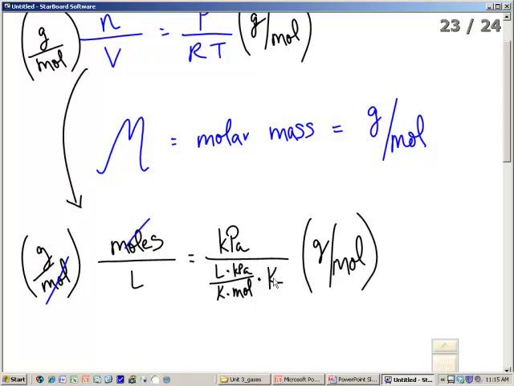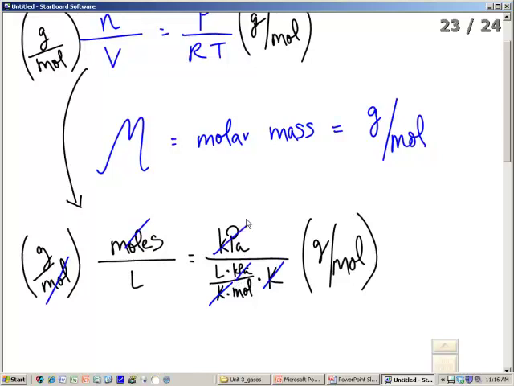Kelvin here, Kelvin there, cross-cancel. You've got kilopascals on the numerator, kilopascals on the numerator of the fraction on the denominator. Are you as confused as I am? Basically, the kilopascals does definitely cancel out.